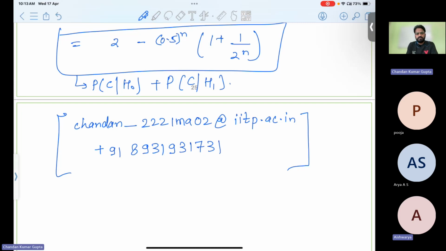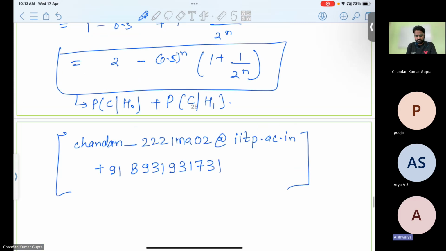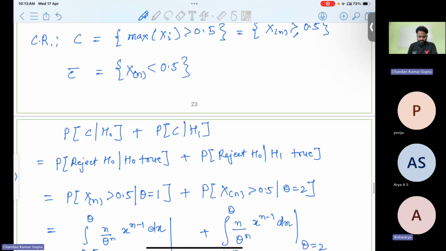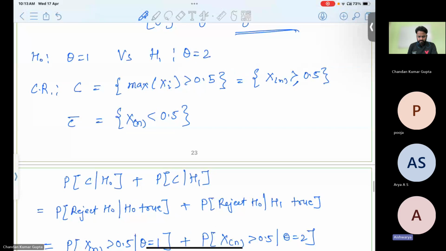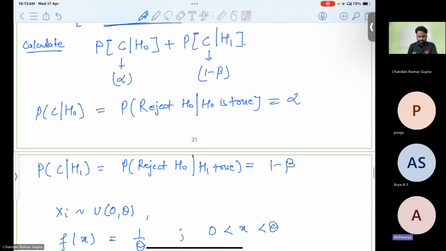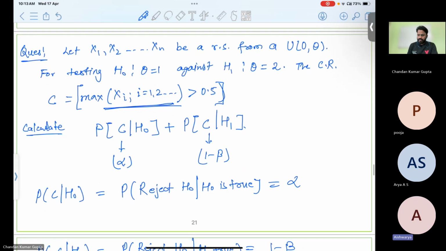Sir, and one more thing, the last concept question you explained, right? The previous one, like 1 minus 0.5. So this concept I'm not that clear. Which one do I need to refer to? This is actually from week 11's lecture, on testing of hypothesis, the first lecture, the 11th lecture.